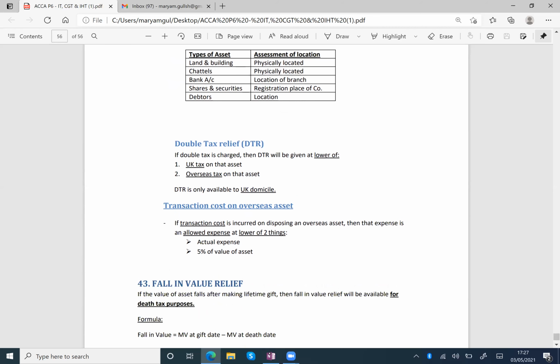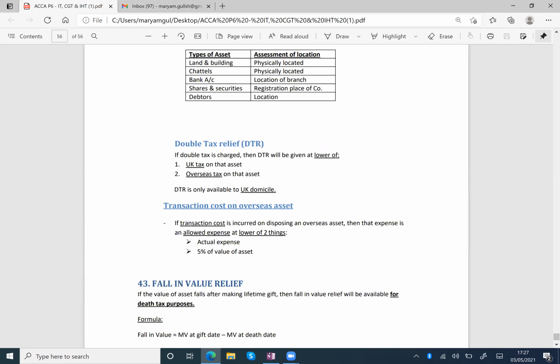Now next, double taxation relief, DTR. If double tax is charged, then DTR is available at the lower of: number one, UK tax on that asset, and number two, overseas tax on that asset. Choose the lower of, and that will be your DTR.